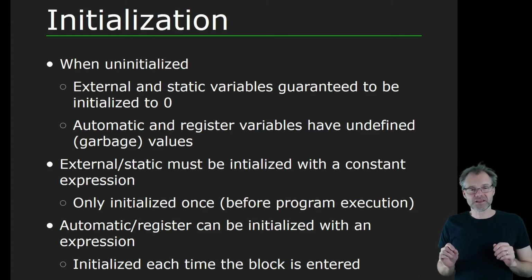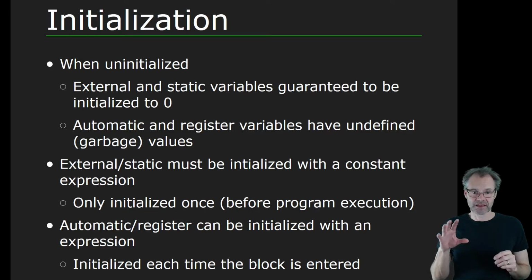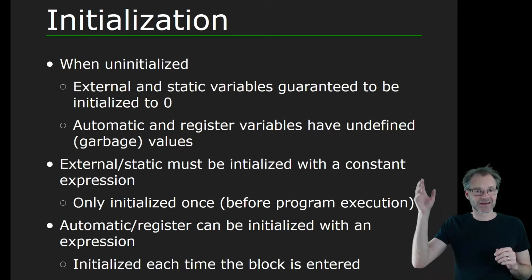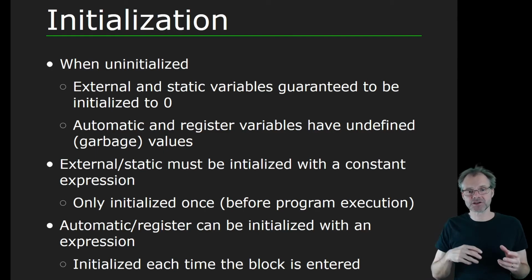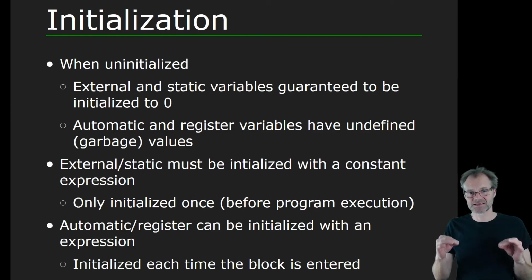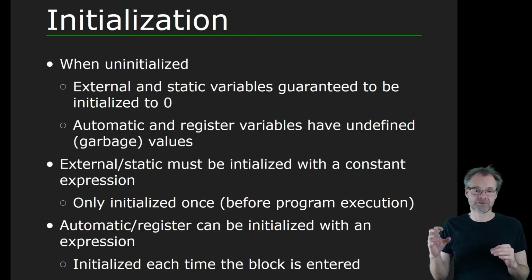When we do initialization of variables, they are initialized differently depending on what kind of class the variable is. So here we're saying that the external and the static variable classes are guaranteed to be initialized to 0.